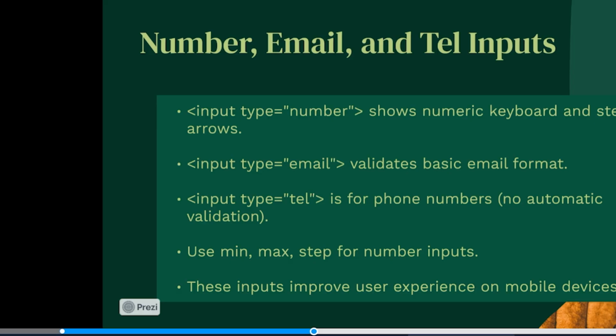Sometimes we need a specific type of information from the user. For example, an educational institute form will have details like username, password, mail ID, and which course you studied.